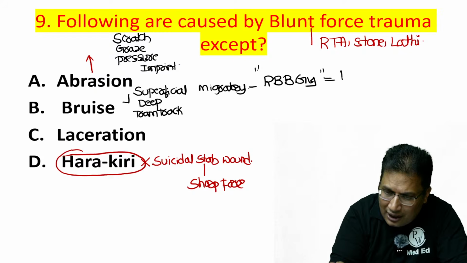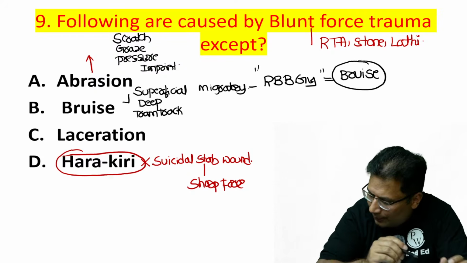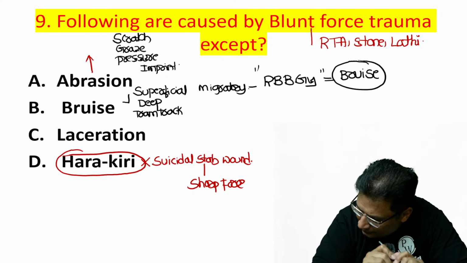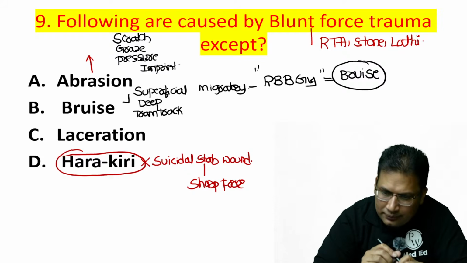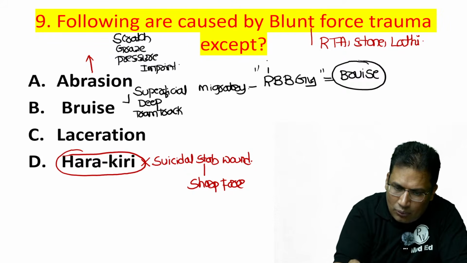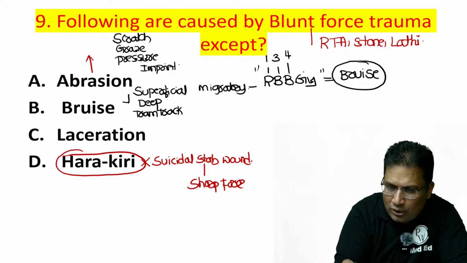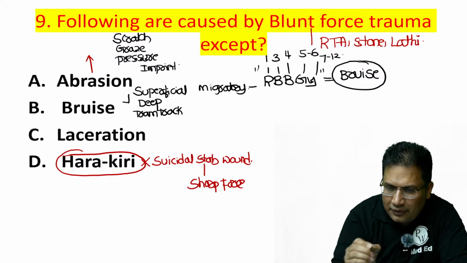All of you write RBBGY is equal to bruise. So write this in chat box. RBBGY. सब लिखो. R मतलब रेड है 1 day, ब्लू मतलब 3rd day है, ब्लैक that is brown that is 4th day है, 5 to 6 that is the green color है, yellow 7 to 12 days है.